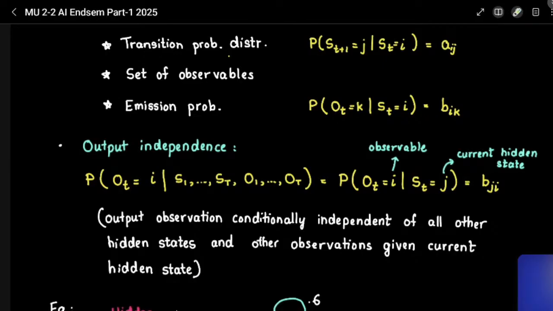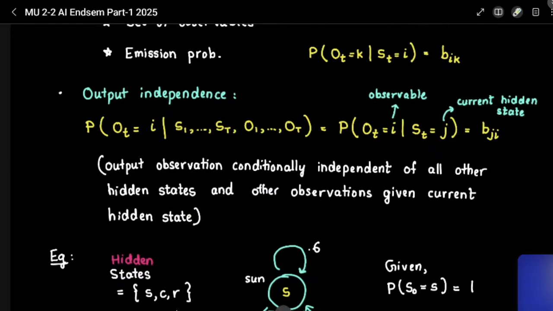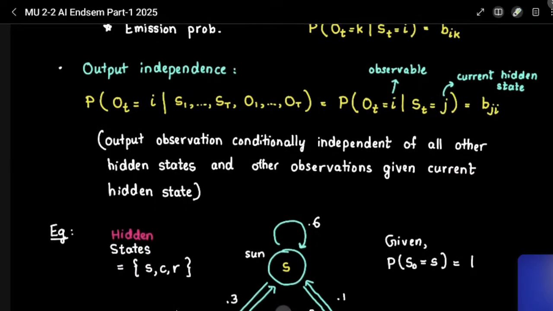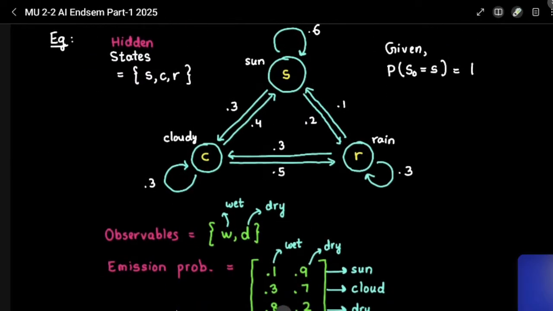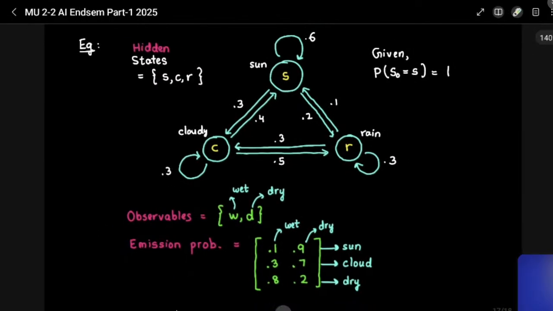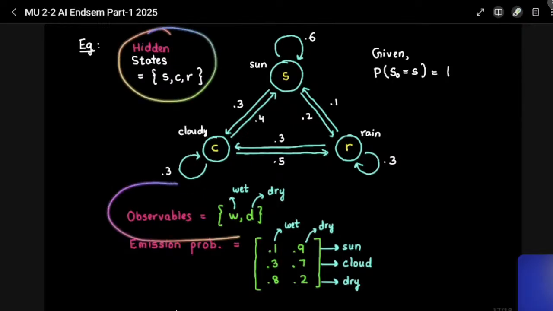I think when we solve problems, this might be useful. I do not have any problems with me right now, so I just have an example of how an HMM looks. I just extended the previous example. The previous example was a Markov model. In a hidden Markov model, instead of states you have hidden states and you have observables.